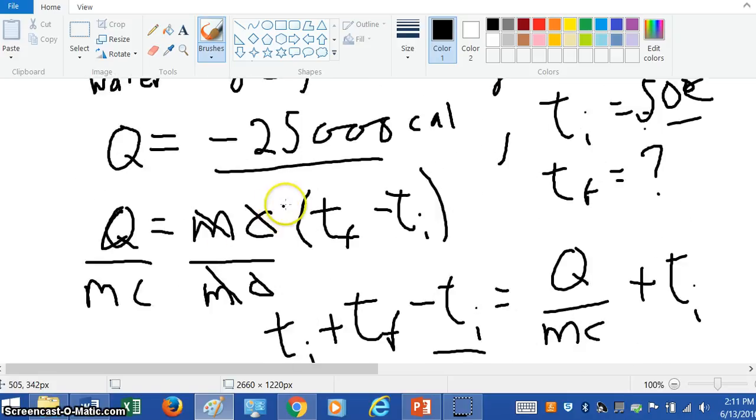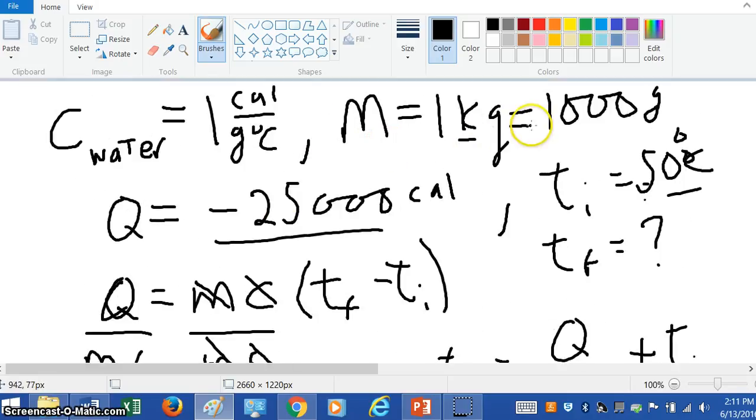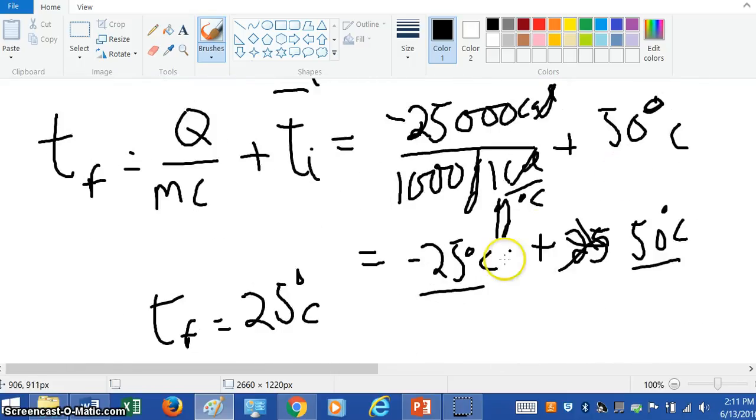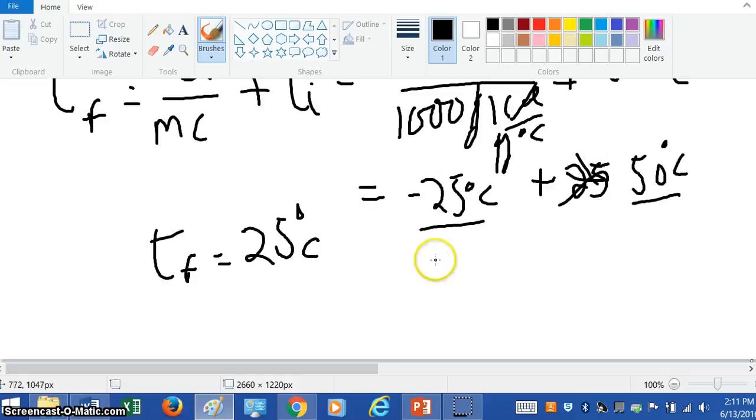We've removed 25,000 calories from 1,000 grams of water, which had an initial temperature of 50 degrees Celsius, and so removing that amount of heat gives us a final temperature of 25 degrees Celsius.